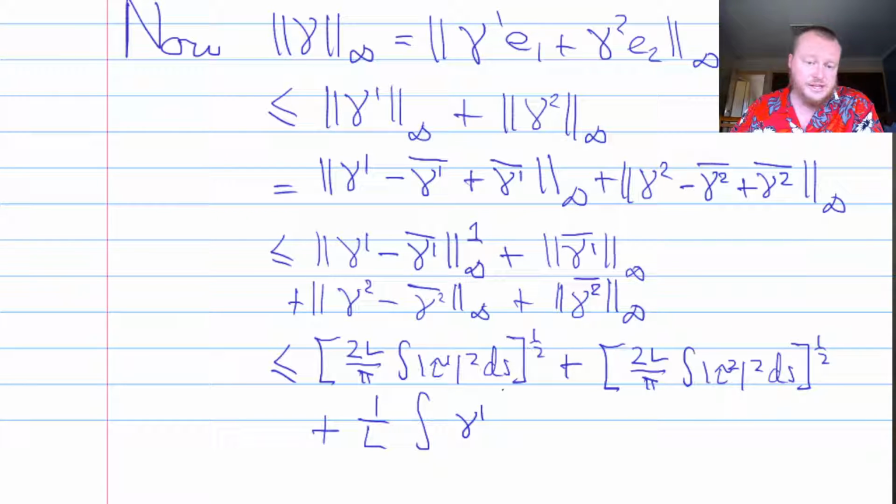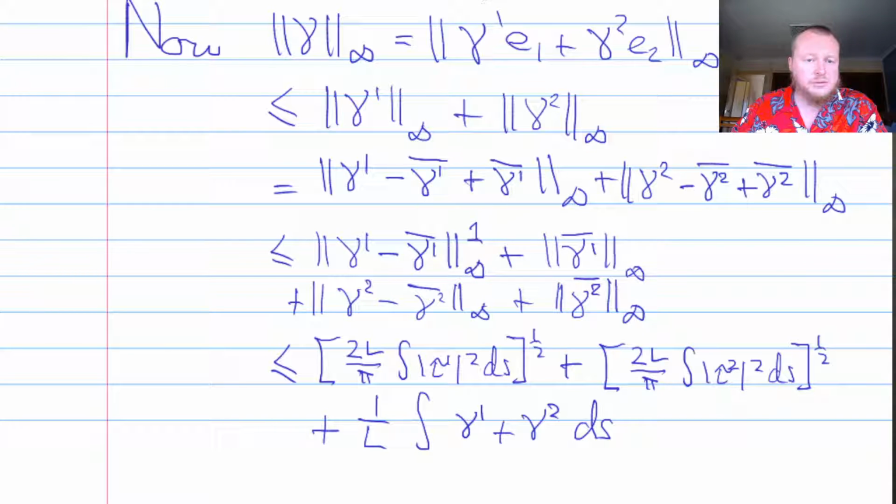And the second one is the same, but gamma 2. So I just write them in the same integral, like that. So these are these averages. So when we added and subtracted here, we're adding and subtracting a number. And that number is this integral, it's this average. Okay.